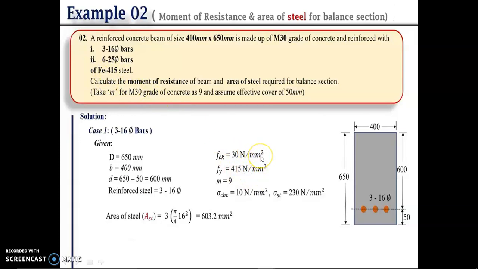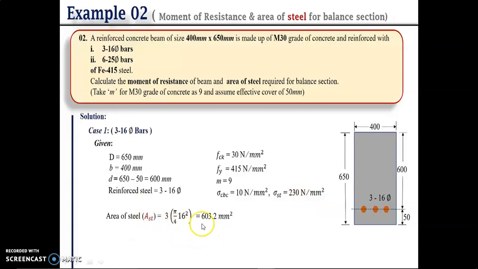In our previous lectures we already saw that there are some tables given in IS 456-2000, giving the values of sigma cbc and sigma st. So sigma cbc for M30 is 10 Newton per mm square, and sigma st is 230 Newton per mm square for bars below 20 mm, because it is HYSD bar. And if the bar is greater than 20, again the value is 230, because this value is the same for HYSD bar.